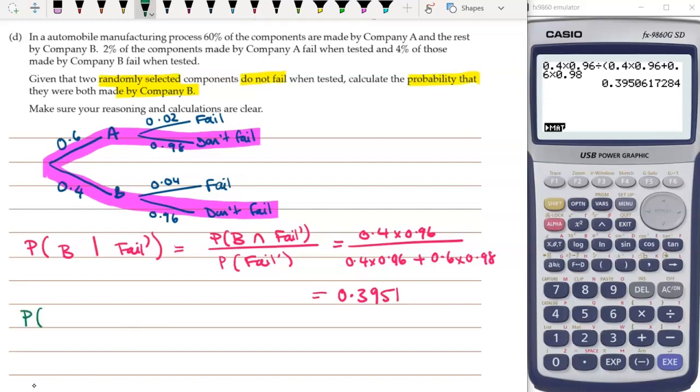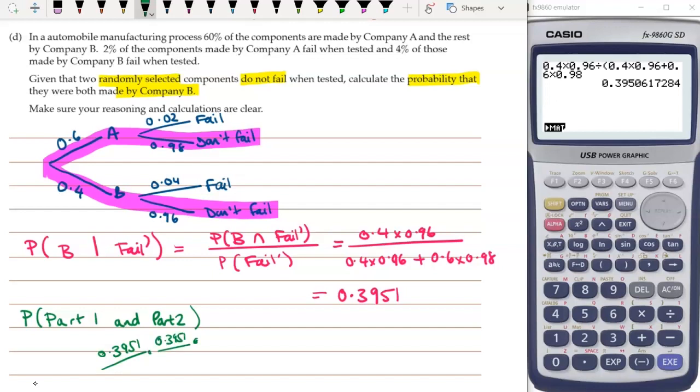Now that was for one component. So the probability that the first one we pick and the second one fit this condition, imagine it again like a tree diagram. The first one fits this condition with 0.3951, and then the second one we pick is also 0.3951.